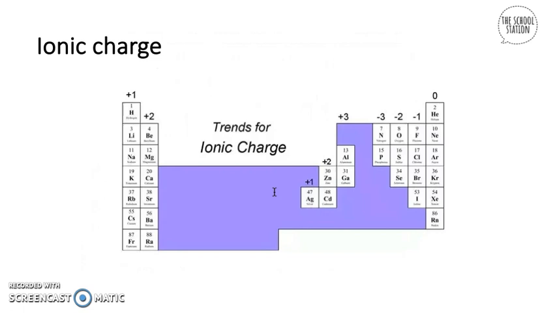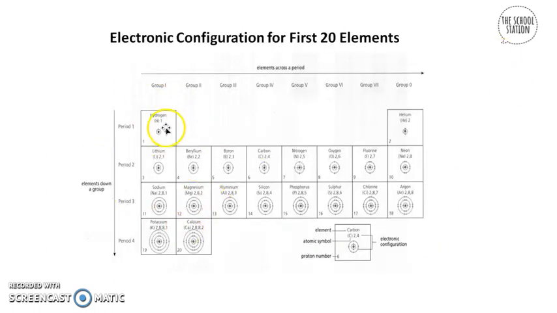Now we're going to be talking about ionic charge. As we already know, if we look at this, we can see a trend. In group 1, we've already clarified that the outer shell always has 1 electron.